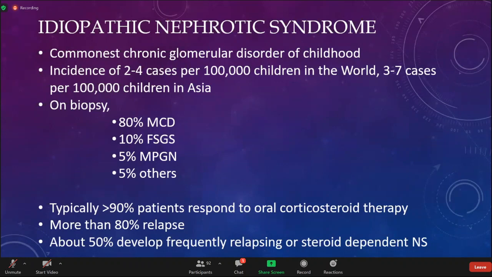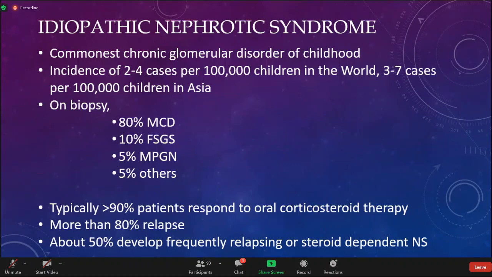Then you have the categorization, what you call the histopathological classification, where you can divide nephrotic syndrome into minimal change glomerulonephritis and non-minimal change glomerulonephritis. Right? That's histopathologically. If you look at the biopsy of nephrotic syndrome, 80% of them have minimal change disease.